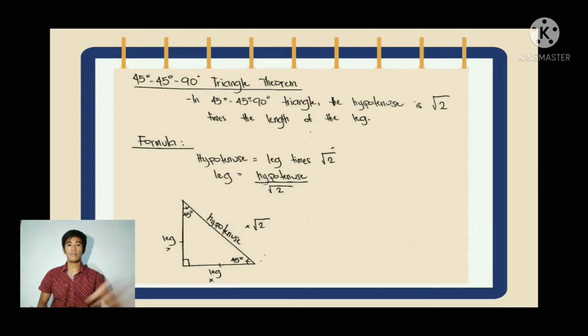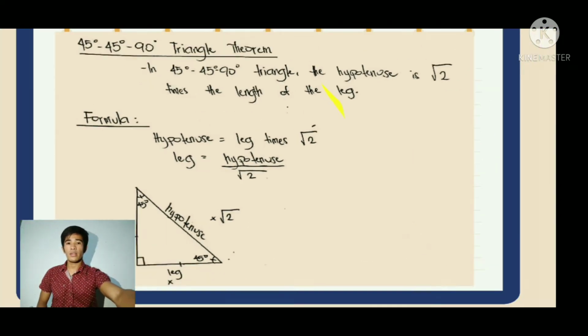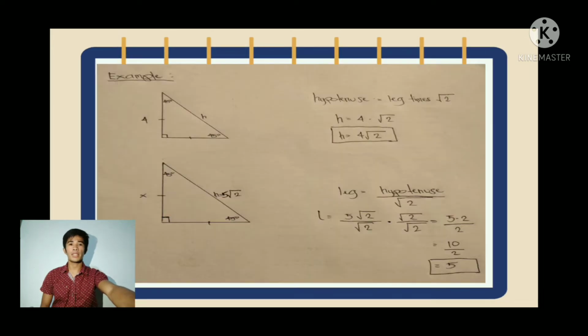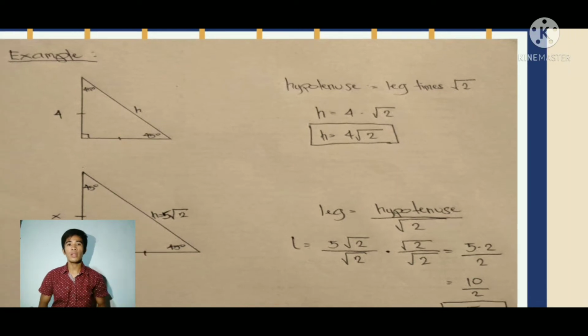So as you can see in the drawing, it has the hypotenuse, then the two legs. So I will give you an example. So para po mas malalaman nyo po, may example tayo. So in the first example, 45, 45, 90.